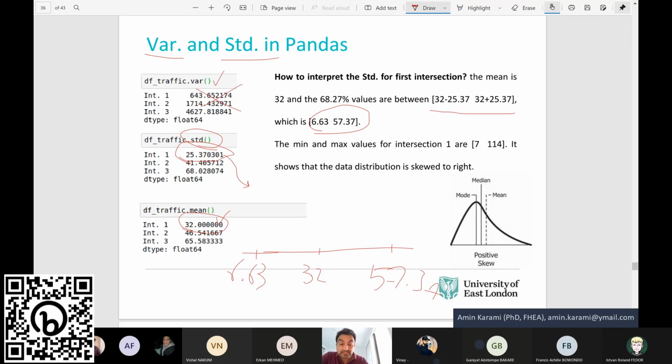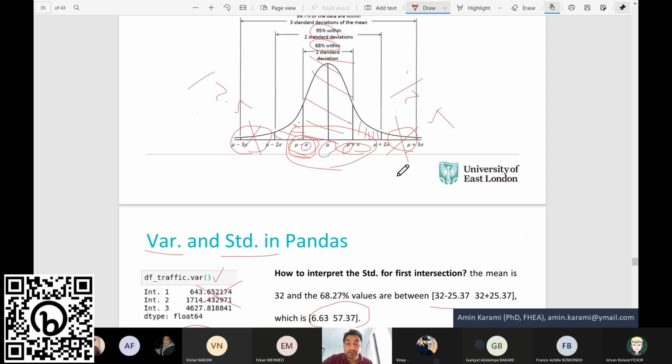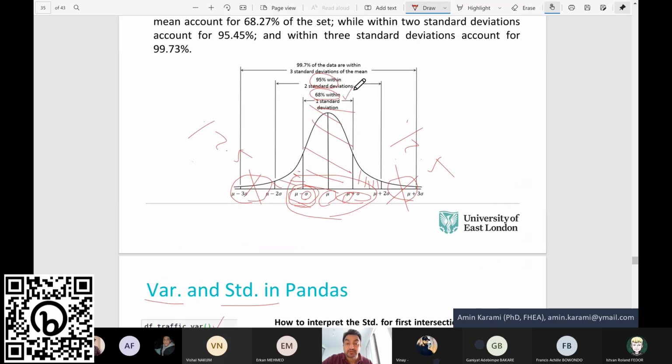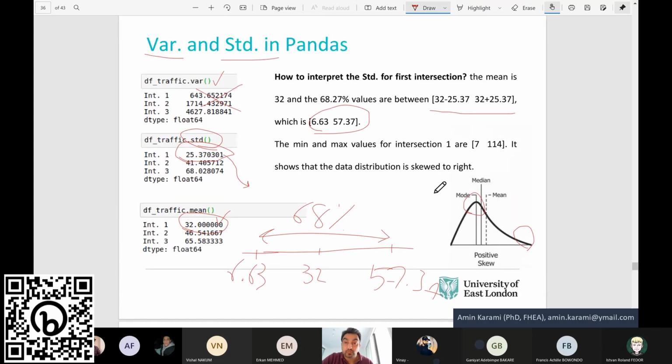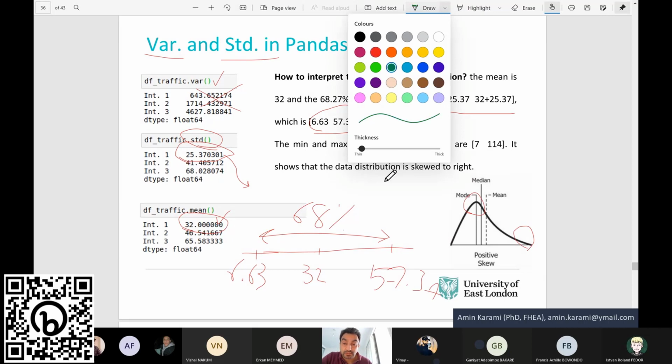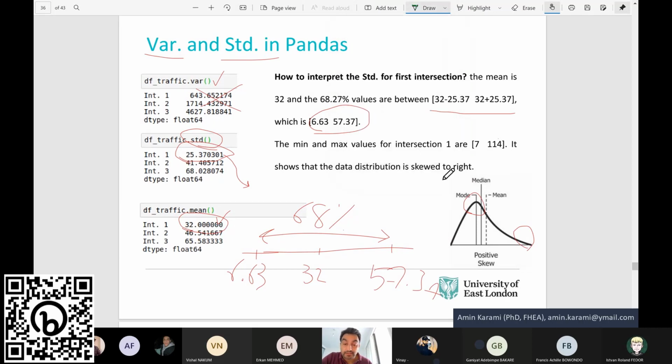It means 68% of data are within these values. 68% of values occur here. So how do we find out about the tail and this head? If you remember, the first intersection was highly skewed.